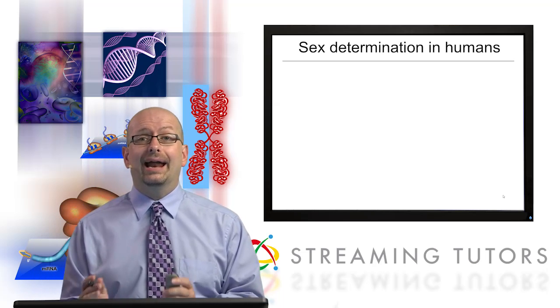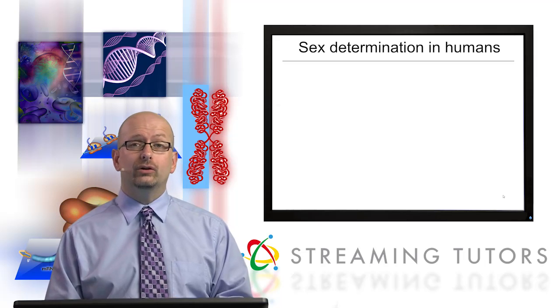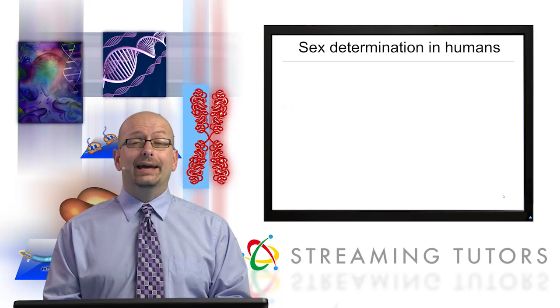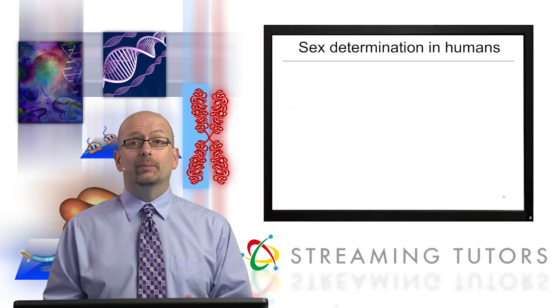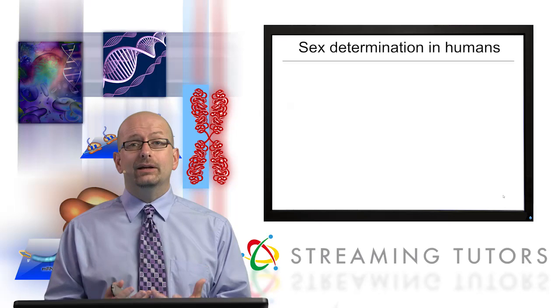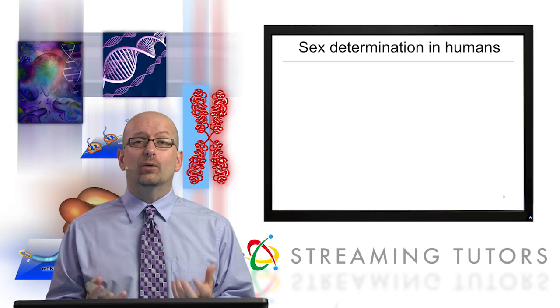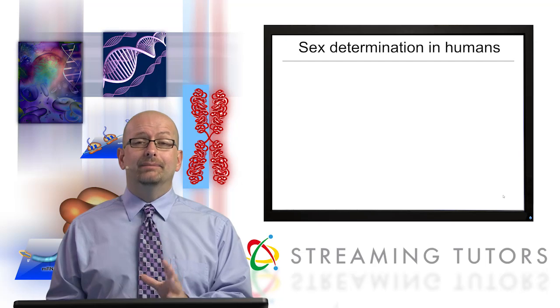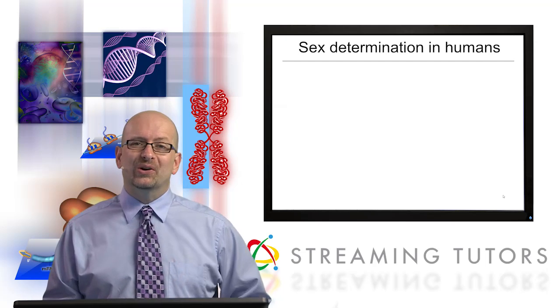In humans, and I have to stress that while we're interested in humans, there are many different sex determination systems. Even birds, who are reasonably close relatives of ours, evolutionarily speaking, have a completely different sex determination model. So this pretty much goes for mammals, and humans in particular is what we're talking about.